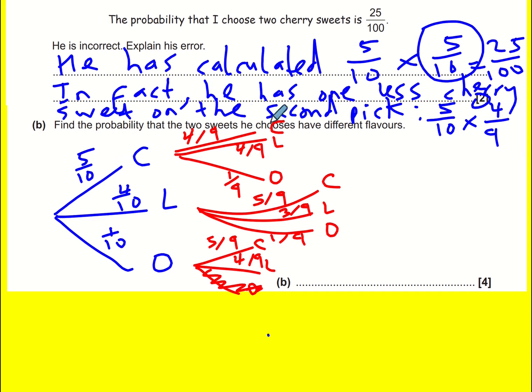I am interested in cherry and lemon. So I can multiply 5 over 10 by 4 over 9, multiply the tops to give 20, and then multiply the bottoms to give 90. I'm also interested in cherry and orange, and that would be 5 over 90.